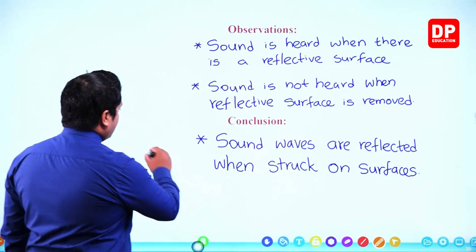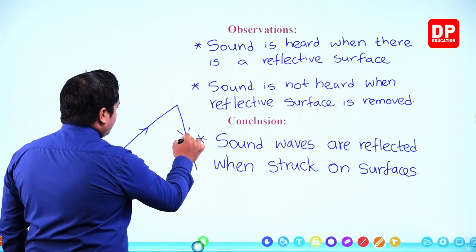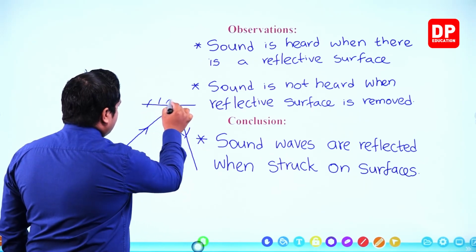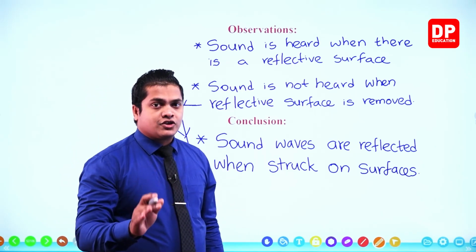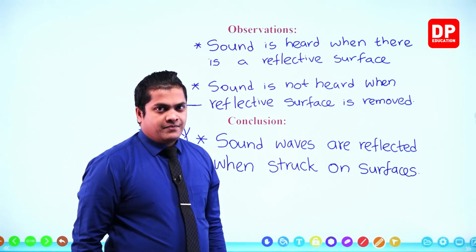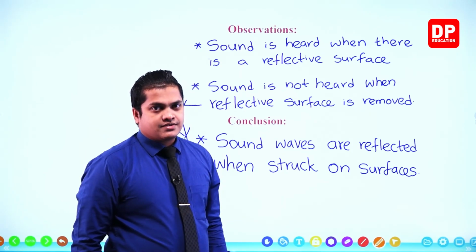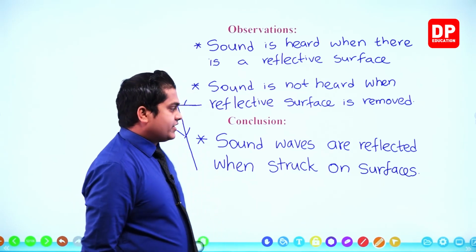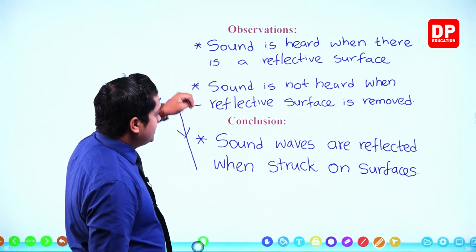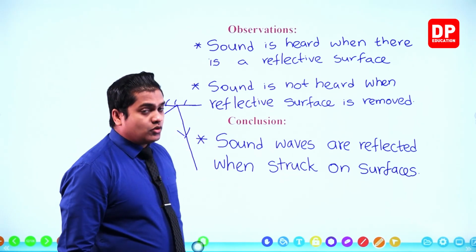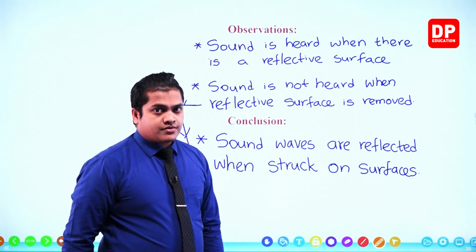So the sound wave is going to travel like this and like that through the PVC tube after hitting the reflective surface, same as the reflection of light. Sound is also going to reflect after hitting any kind of surface, right? These are the two observations, and this is the conclusion that we can take based on the above observations.